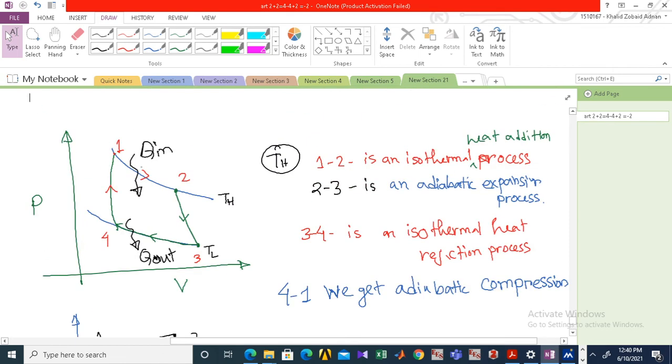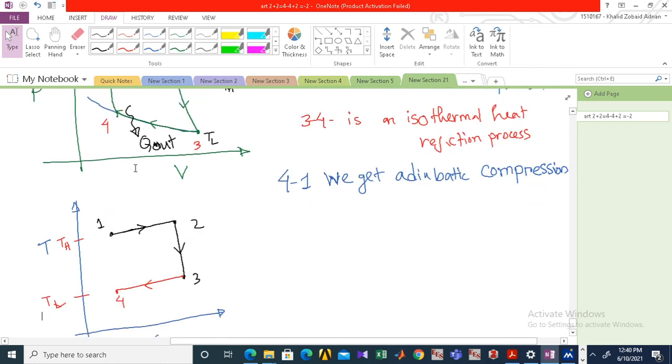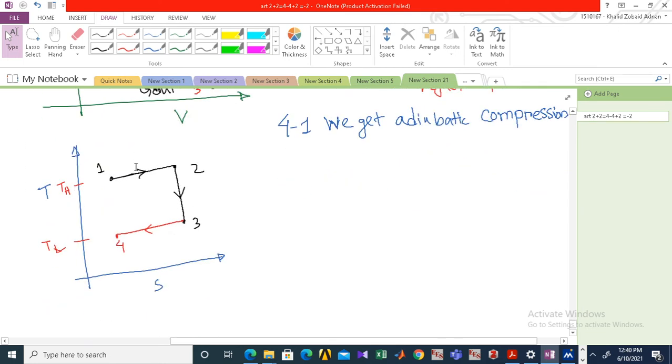That means the entropy at 4 and 1 will be the same, and due to this adiabatic compression, the temperature will rise again to the higher temperature. So from 4 to 1, there is a vertical line telling us that the entropy at 4 and 1 are the same. So this is the Carnot process in the TS diagram. Okay.